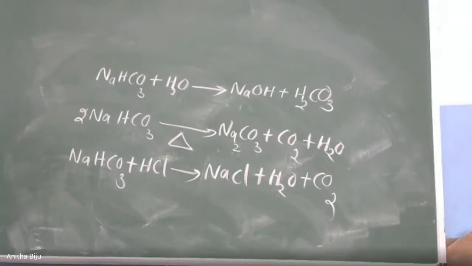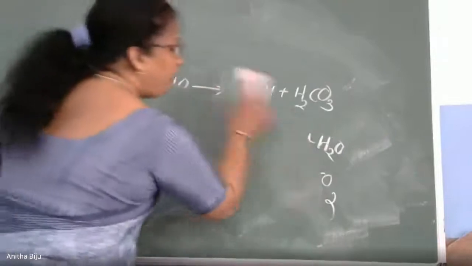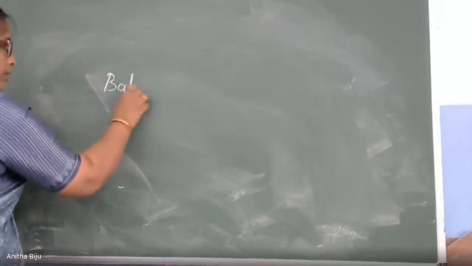Next, it is used as an additive in food and drinks. We are adding this for making some other things. Like baking soda is used for the preparation, or we can say manufacture, of baking powder. Both are different.